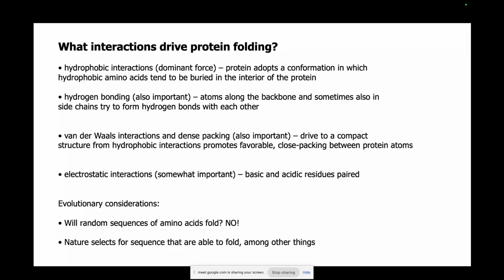The protein adopts a conformation in which the hydrophobic amino acids tend to be buried inside the interior of the protein. The second important bonding is the hydrogen bonding, in which the atoms along the backbone and sometimes also in the side chains try to form hydrogen bonds with each other. As we have discussed earlier, the hydrogen bond is formed between the carbonyl and a hydrogen atom of any other residue, right?